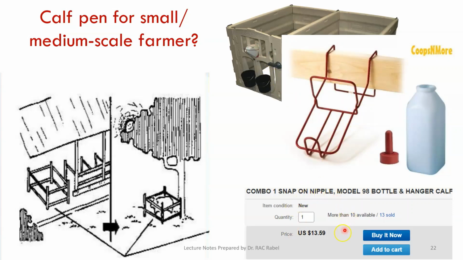On eBay they are available at like $14, but you don't have to do that. You can easily produce one of these in Sri Lanka at a very low cost.